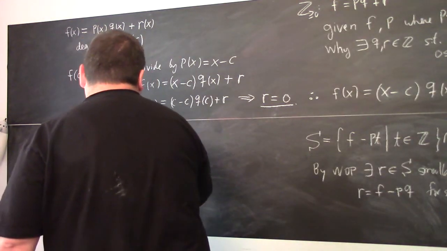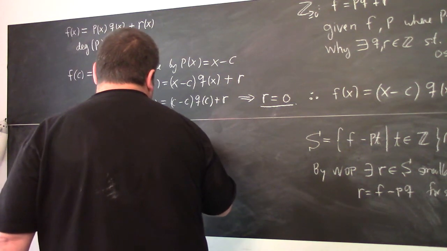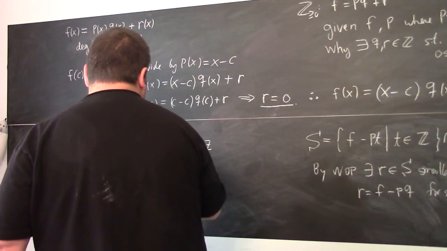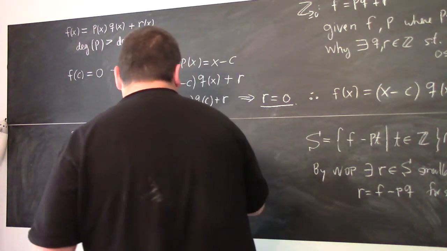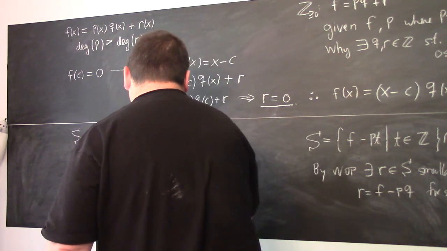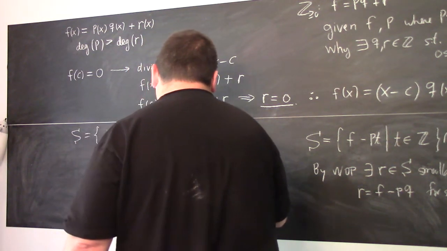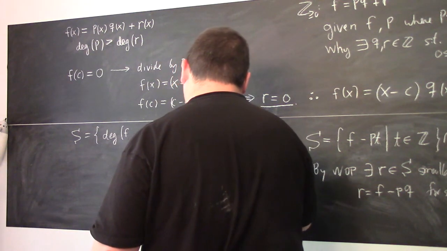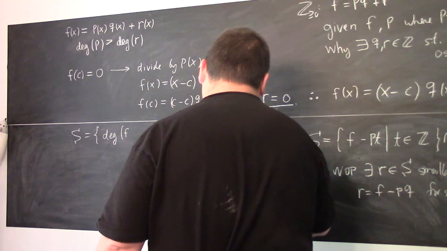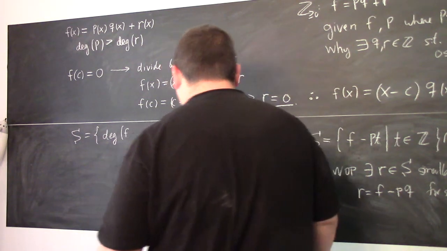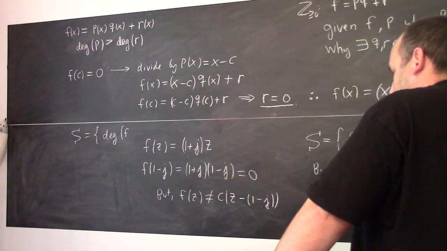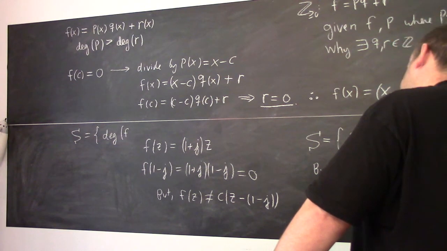And if we had f of z equal to 1 plus j times z, and we look at f of 1 minus j, we get 0, but f of z is not equal to a constant times z minus 1 minus j, unless it is. Wait, where did you get the bottom part from?